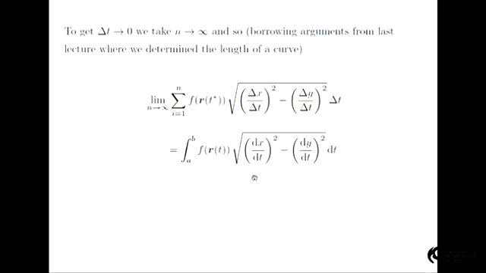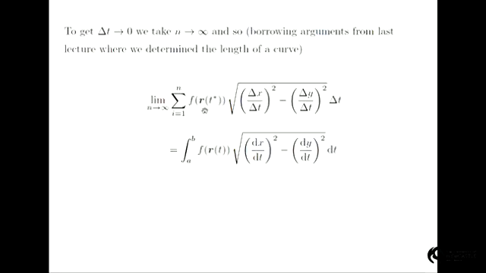To say that these things are equal is sort of misleading because this symbol here is just a symbol for taking limits of infinite sums. So this is equal to this by definition.